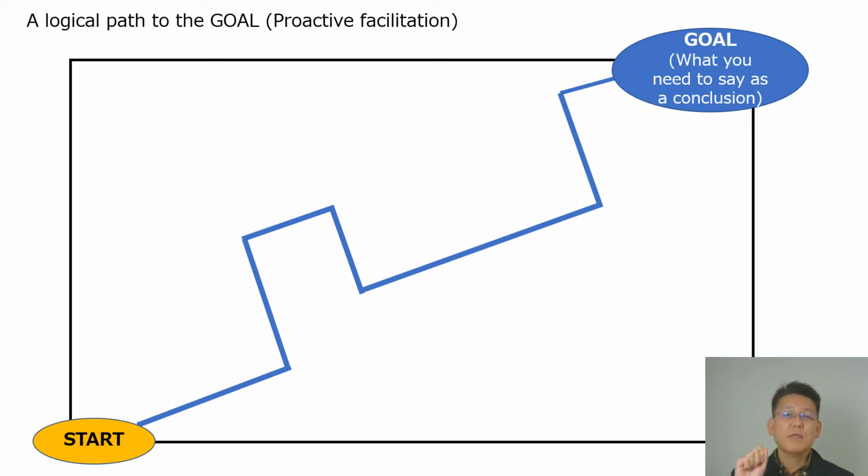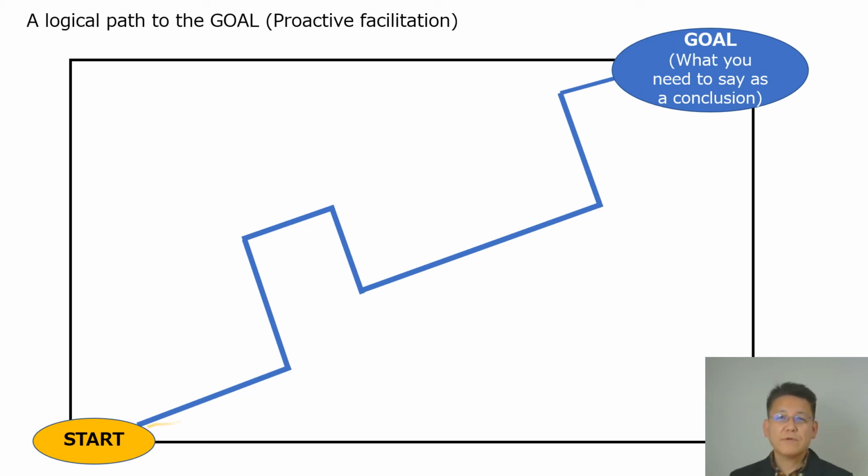And then the next discussion will be like, then you need to... If you have a right path or logical path from the start to the goal, you can have this path in your mind always when you facilitate the team.